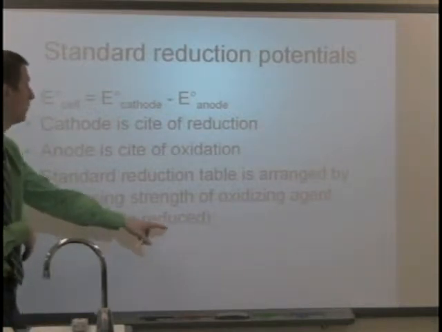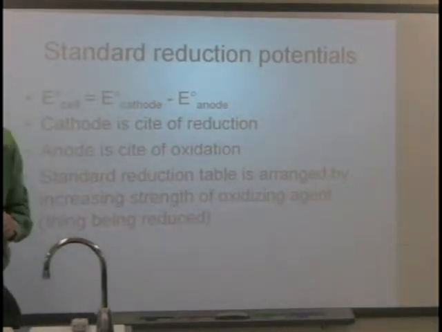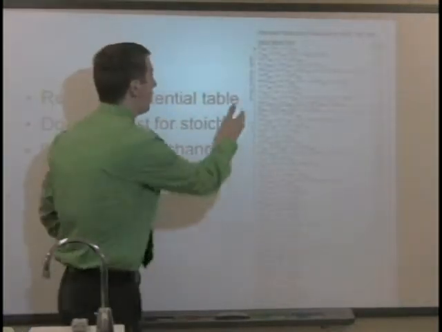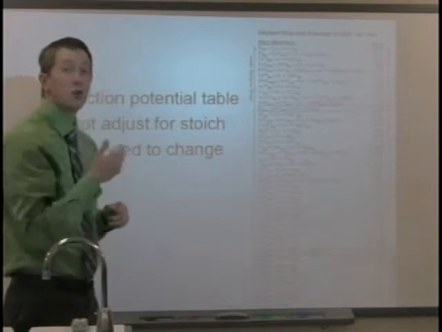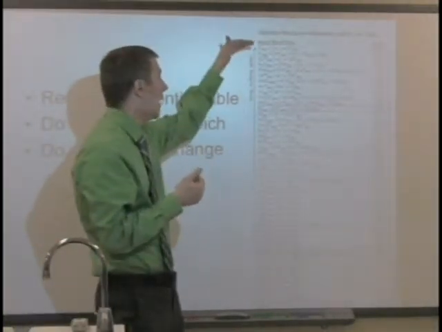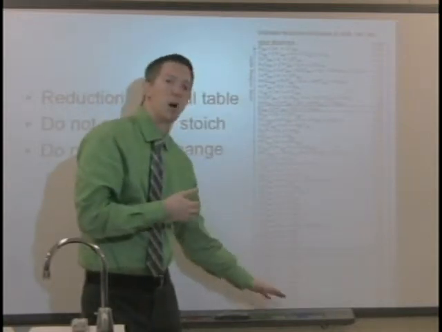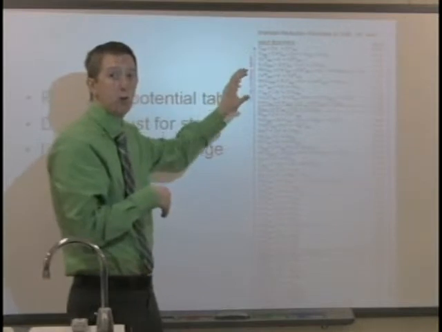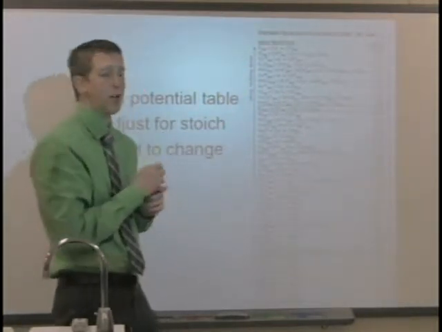And if you're reduced, you're the cathode. So that's something that we have to keep in mind as we're doing this, because if you look at the table here, again, strong oxidizing agent means the things that are easily reduced are up high. Things that are not easily reduced are down low. And things easily reduced up high are going to be the cathode. Important when we plug into that equation here in a little bit.